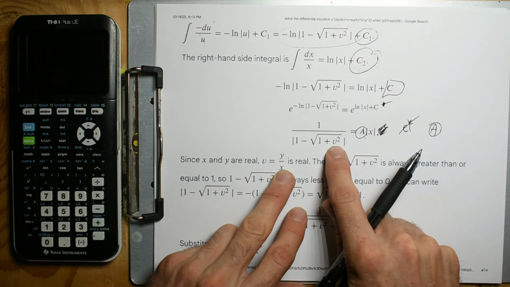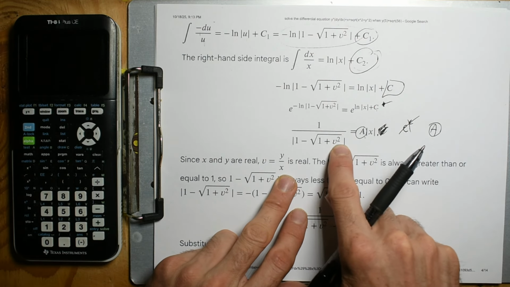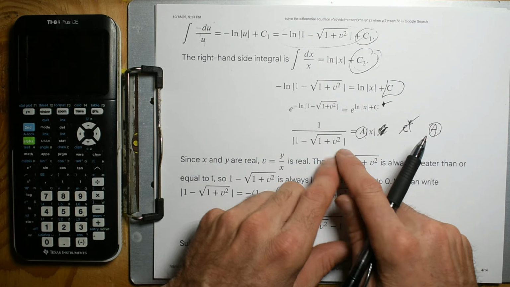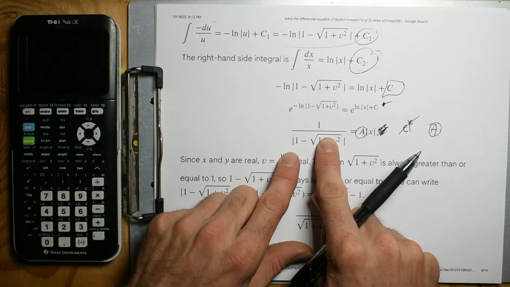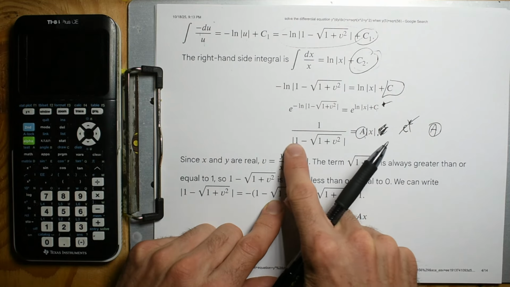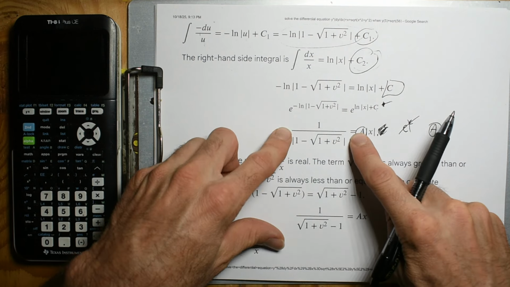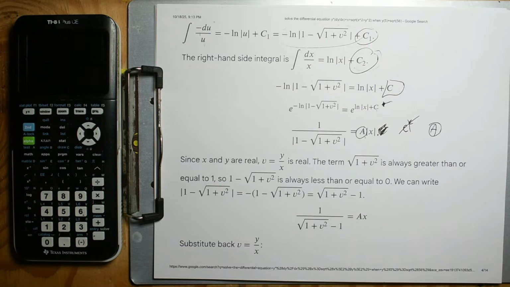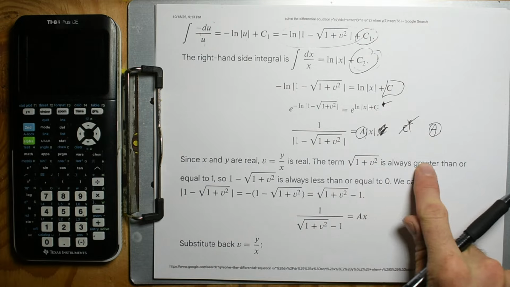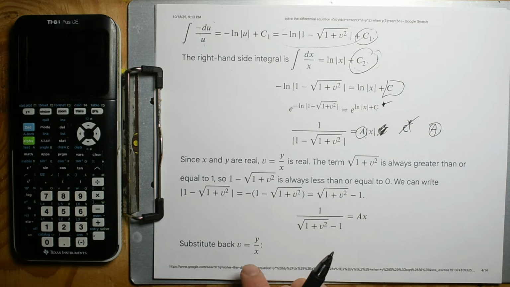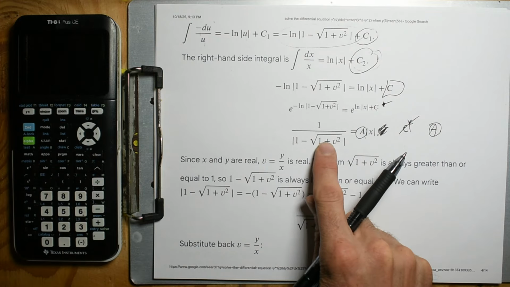Oh, well this is going to be squared anyway, so you're going to have 1 plus something, and then 1 minus, this is 1 plus a positive number. This is always going to be bigger, and so you're going to have 1 minus a bigger number. This is always going to be negative, but it's the absolute value. And so this is always greater than or equal to 1. And this is always going to be positive.